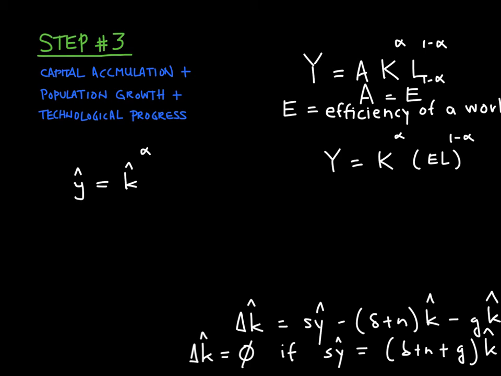output per effective worker is equal to capital per effective worker to the power of alpha. Let me write that again. So what we have here is that y divided by EL is now equal to capital per effective worker to the power of alpha.